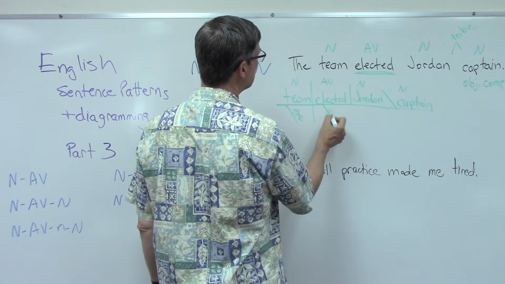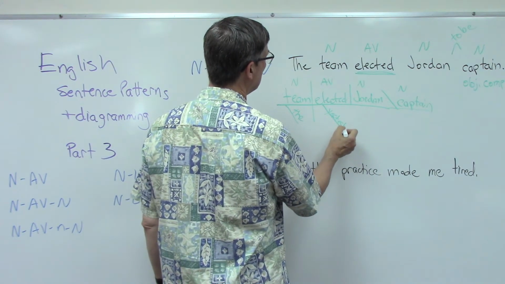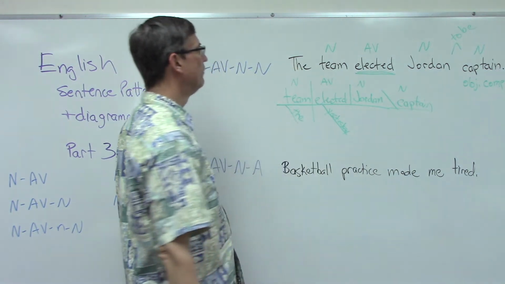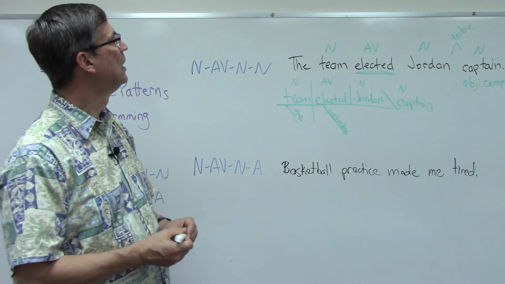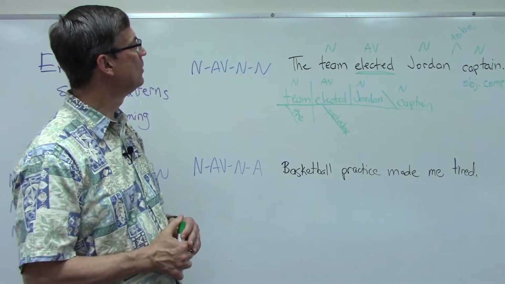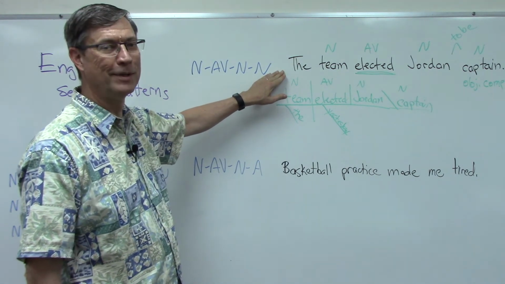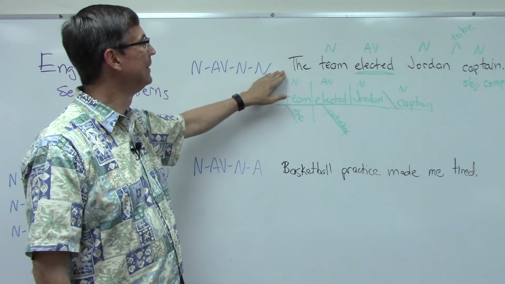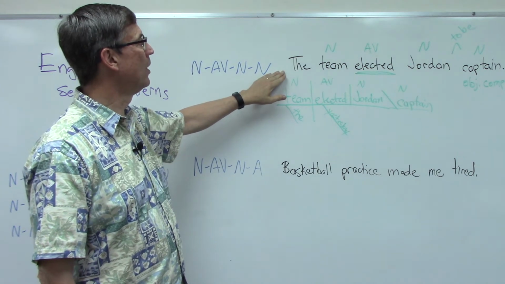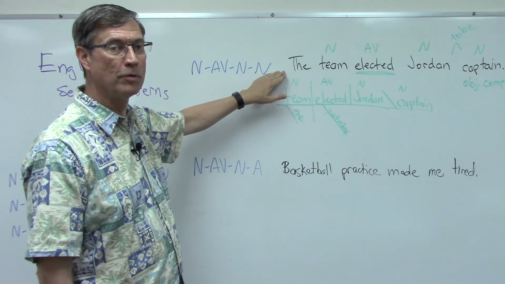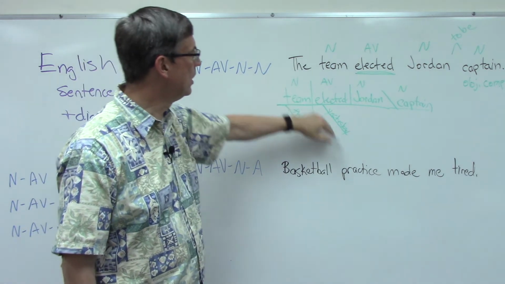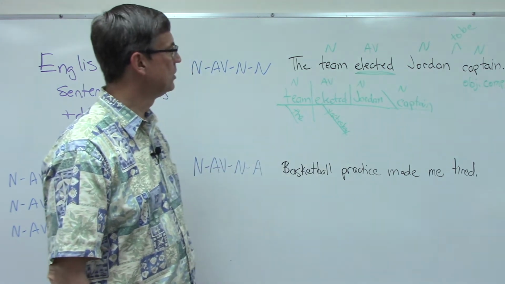If I had yesterday in the sentence, which I don't, what if I put in the word sadly, the team elected Jordan captain, or happily? Okay, both of those are, again, telling us how. So they're adverbs, so they would go under the verb and just put it on a straight line.